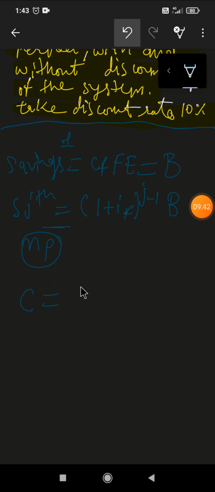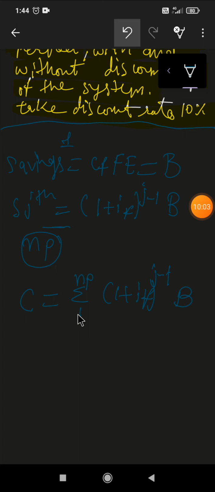So the cost of the equipment should be equal to sigma j from 1 to NP of (1 plus IF) raised to j minus 1, into b.